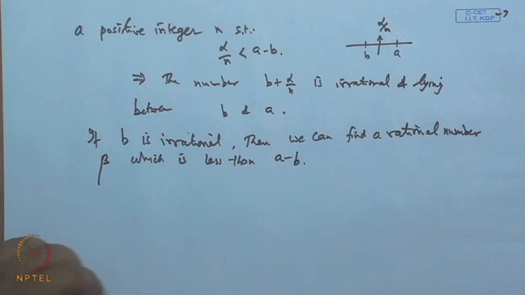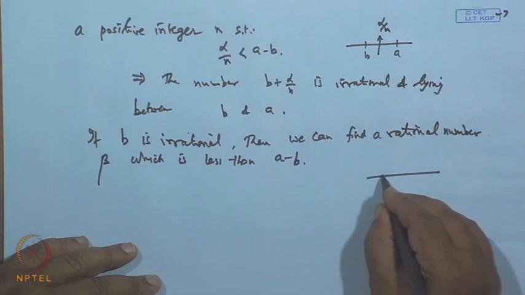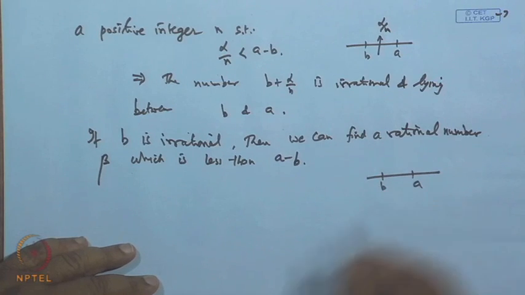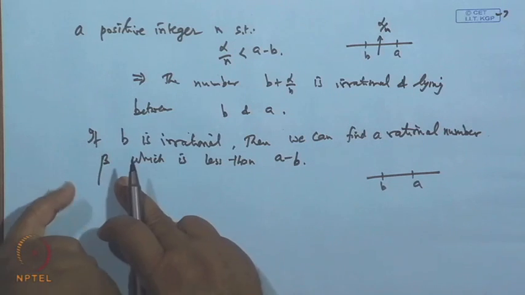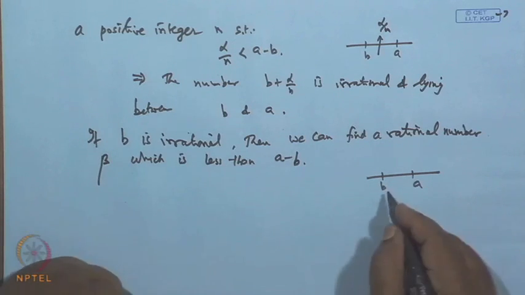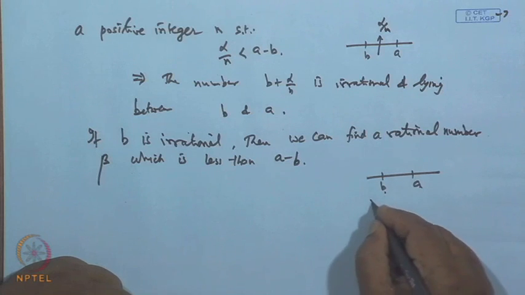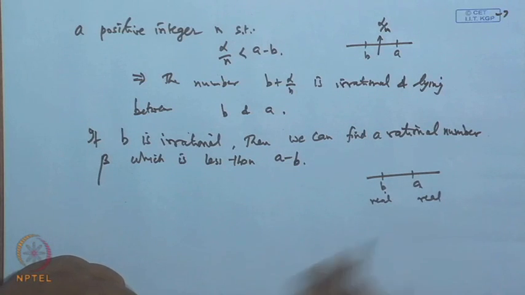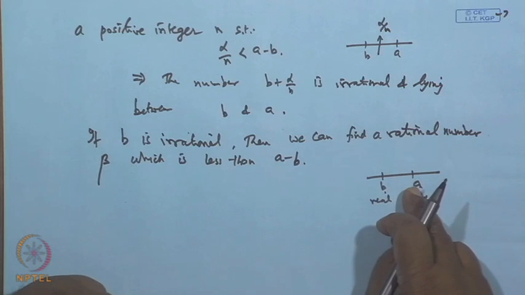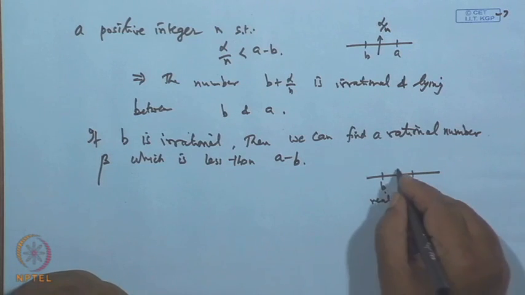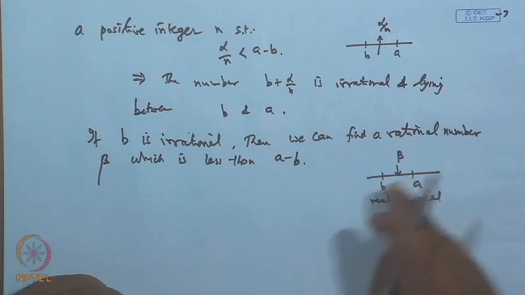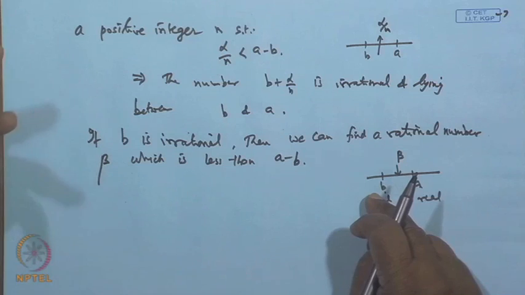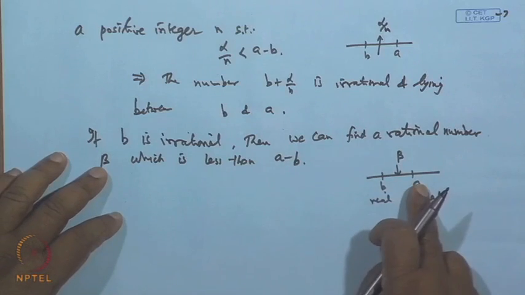This is our b, this is a. So, if b is an irrational number, then we can find a rational number between b and a, because a and b are the two real numbers, these are real. Between any two real numbers, there are infinitely many irrational points. So, between a and b, one can introduce an irrational number, one can identify an irrational number beta, because between any two reals, there are infinitely many irrational points. So, there exists, we can find a beta which is less than a minus b.